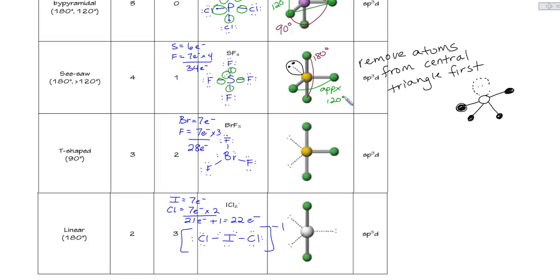Slightly less than 120, because again, that negative electron pair takes up a little bit more space than a bonding region, so it kind of smushes the existing atoms. So you could either say slightly less than 120, or you could just say approximately 120. There's the seesaw.